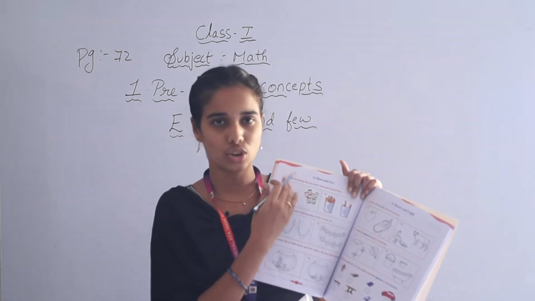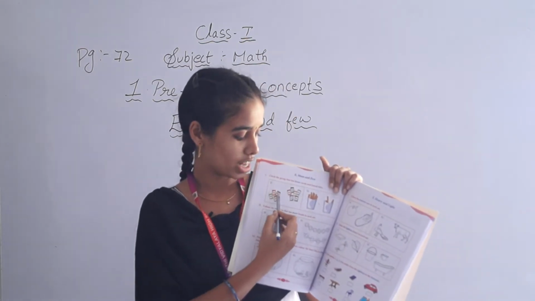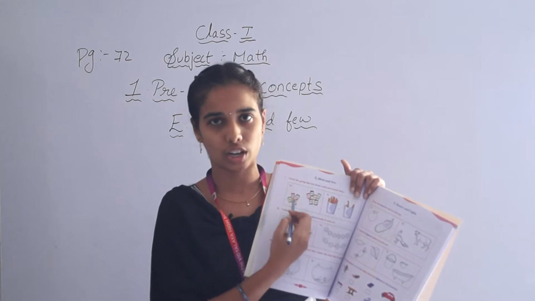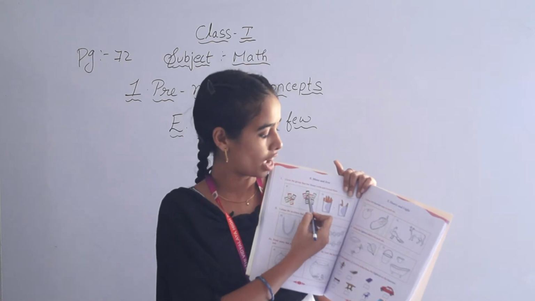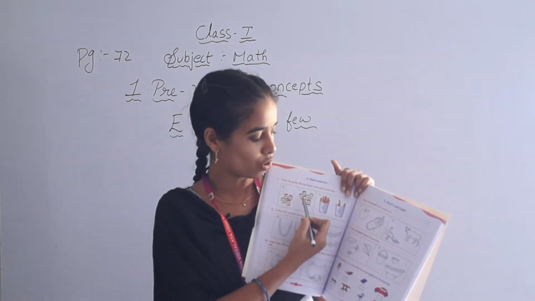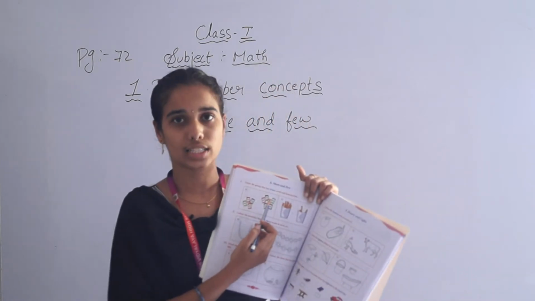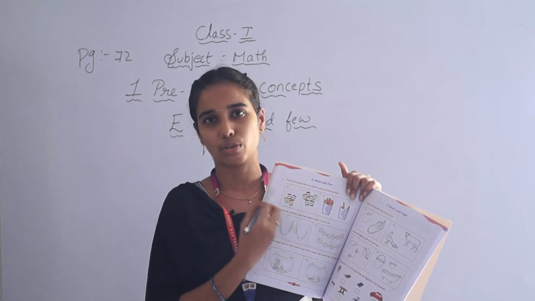See here, first you have to count the first group of cars, that is 1, 2, 3, 4. So the first set has 4 cars. Now count the next set. 1, 2, 3, 4, 5, 6. So here we got 6 cars. Fewer means less amount of things that you have to circle.